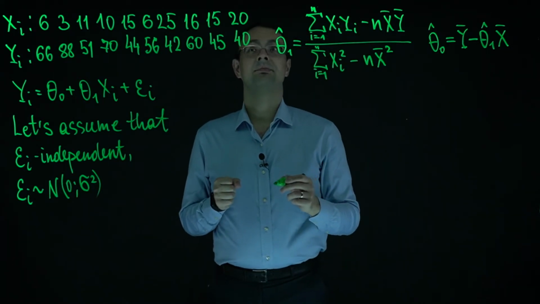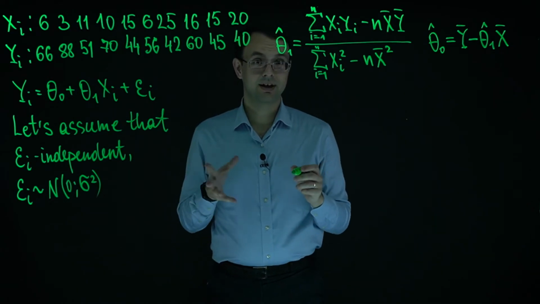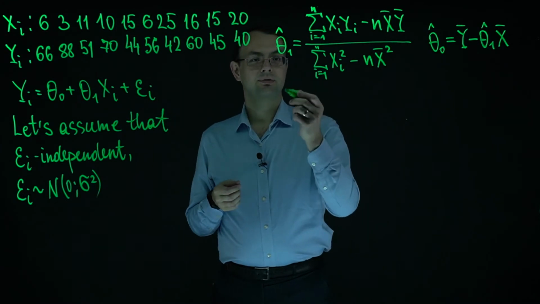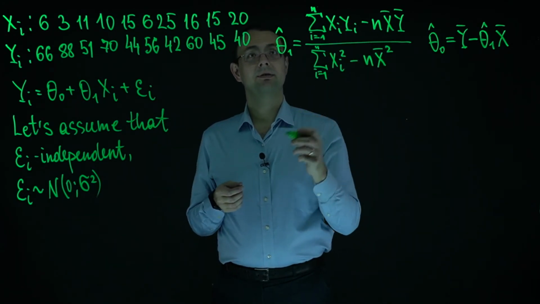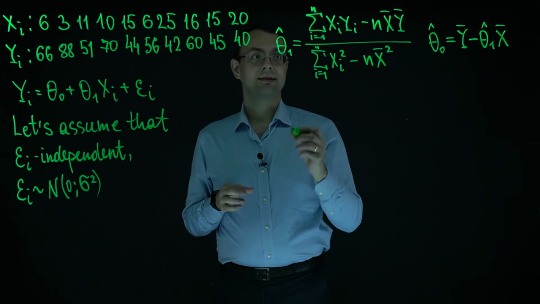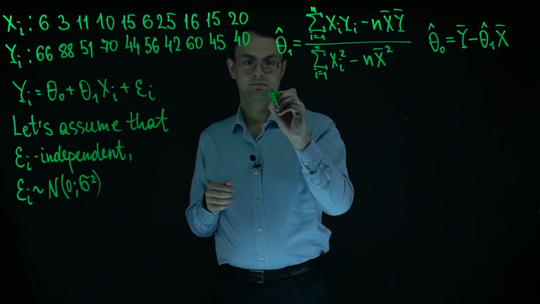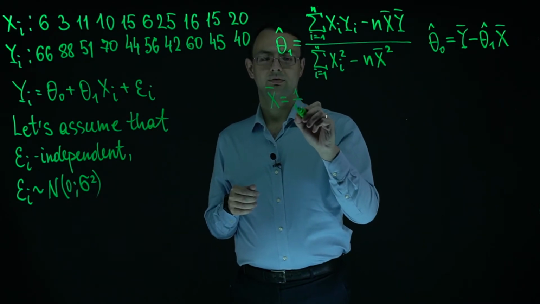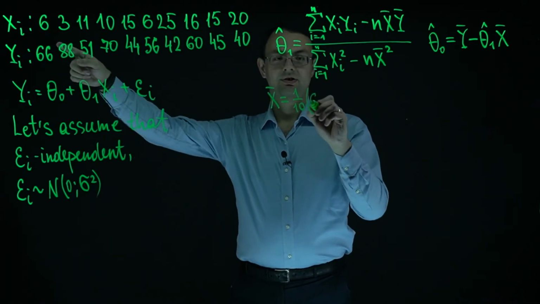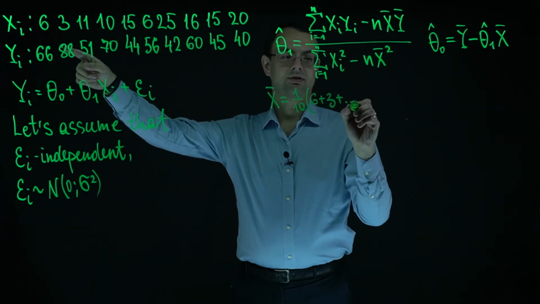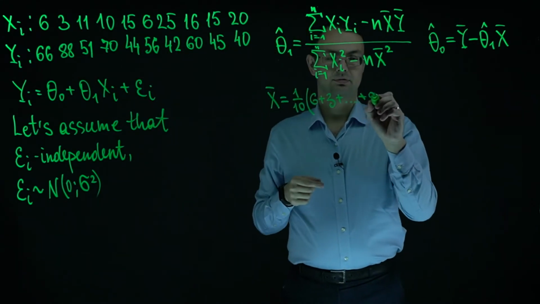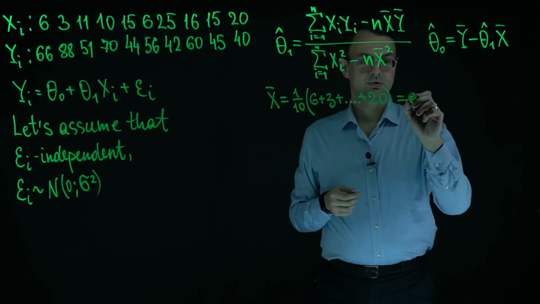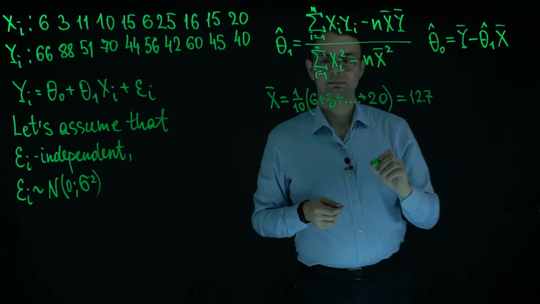I have already calculated figures for these auxiliary quantities. In our case, x bar is 1 over 10 times 6 plus 3 plus etc. up to 20. So x bar is equal to 12.7.